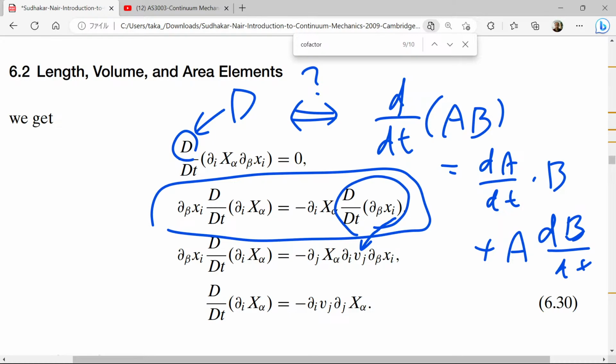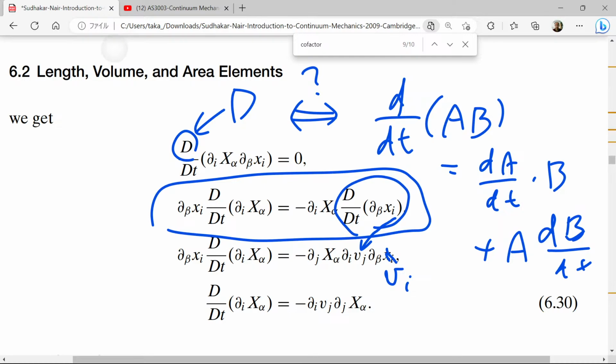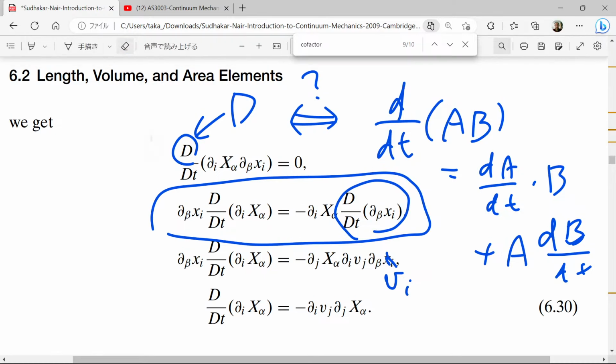If you follow this carefully, what we should obtain is xi changed to vi, and what else? See, j. Do we use something before?